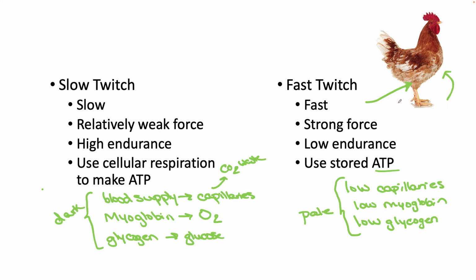They are constantly moving around, pecking at stuff. And so those muscles need to have high endurance. They're going to hold that chicken up all day long, and they're going to use cellular respiration. They have a lot of very large motor units, but they are slow twitch, which is why dark meat, the legs and the thighs, is really yummy.